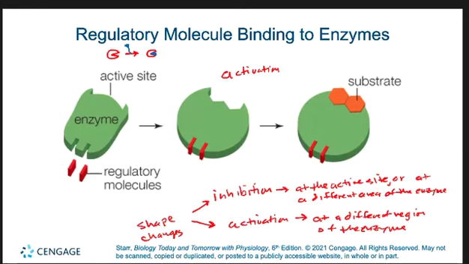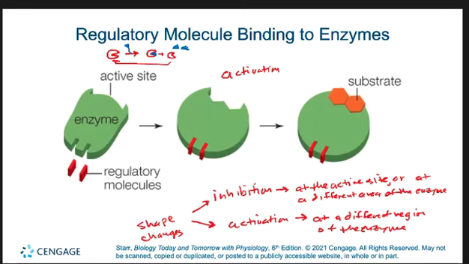Okay. And then it releases. Let's say that it splits the triangle in two. It releases the product. Okay. And then it could go back and start all over again, right?